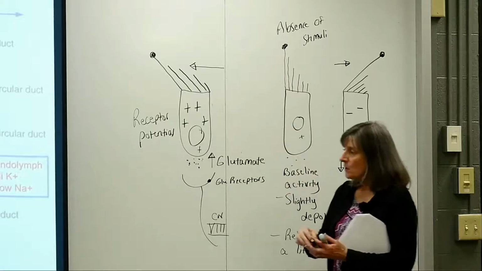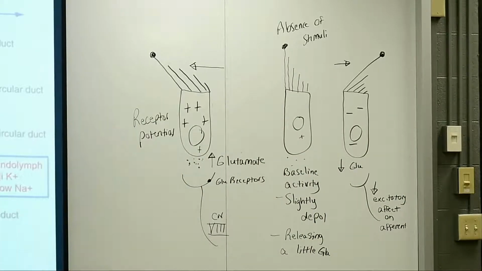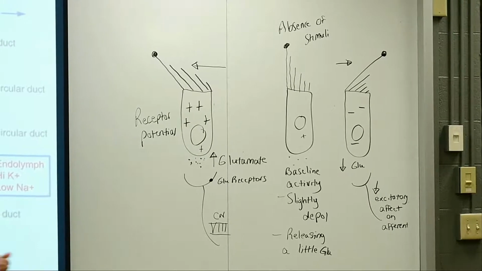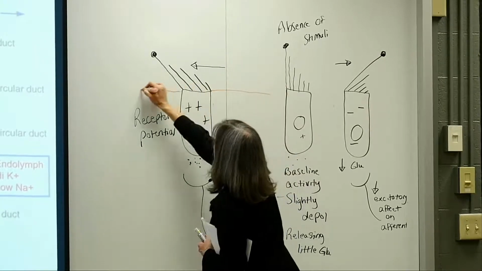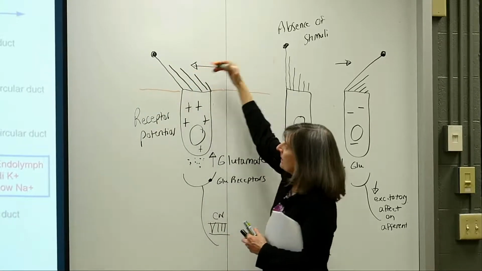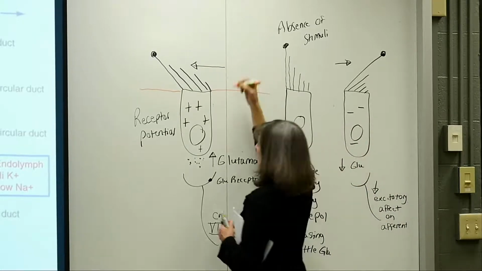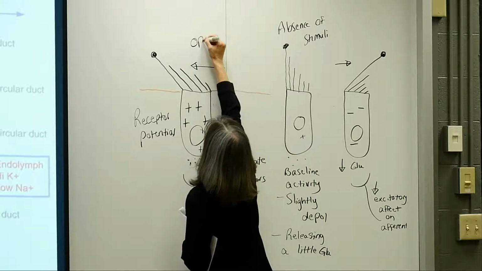And as I told you a few minutes ago, we have different fluids bathing the apical part and the basolateral part of these cells. So in this case, when we move the hair bundle towards the kinocilium, towards the tallest stereocilium, we're going to get an opening of cation channels.